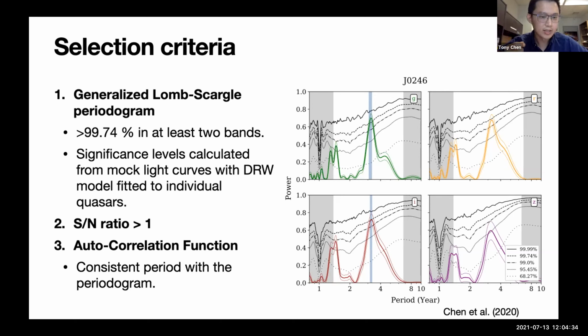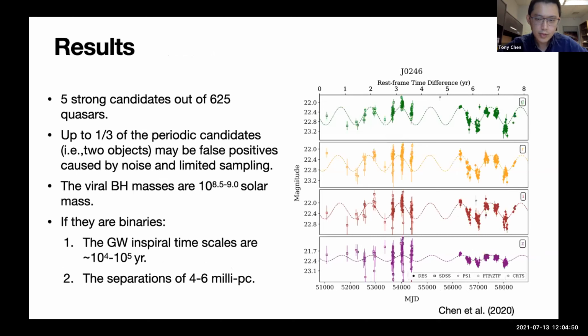And we also add some other criteria, such as a signal to noise ratio larger than one, and we also check that they are consistent with the autocorrelation function. So we have found 5 strong candidates out of 600 quasars, and because we have the significance level from the DRW, we can also estimate how many of our candidates are due to noise or limited sampling.